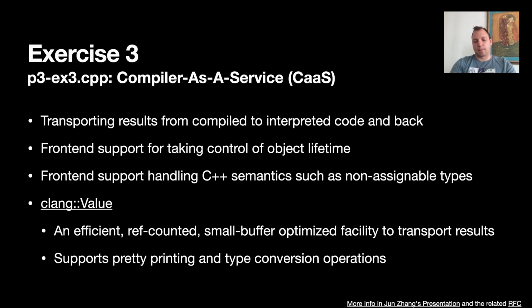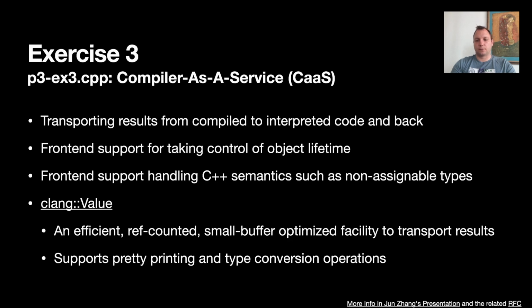We also wanted to support pretty printing, because in the REPL environment we want to be able to map the high-level AST type to the actual memory. This can be done because we hold these two elements in the clang value. And of course, since it's hidden behind an indirection, we need to be able to perform conversion operations.